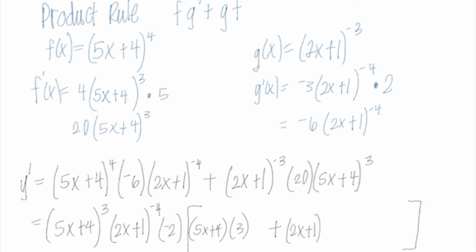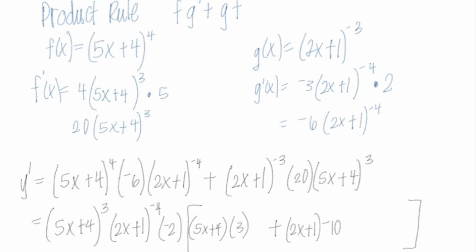Negative 3 minus negative 4, so that's minus a negative, is actually positive 1. So that's to the positive 1 power. Now 5x plus 4 cubed divided by 5x plus 4 cubed is just a factor of 1. Anything times 1 is itself. And now 20 divided by negative 2 gives negative 10.